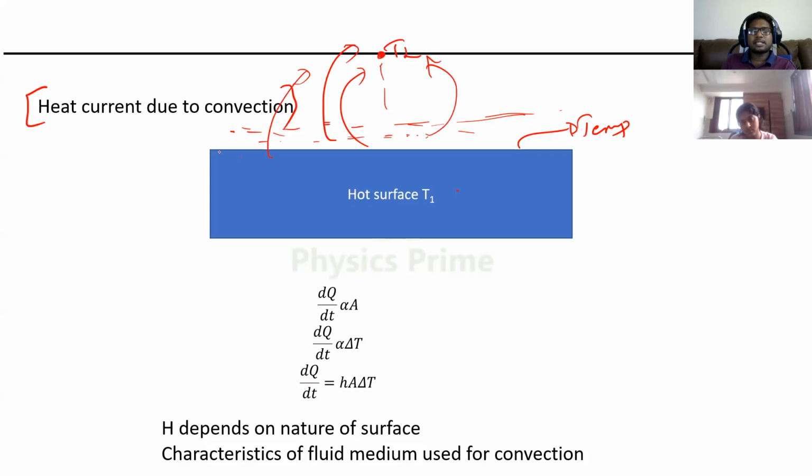The upper molecules will slowly come downwards and get heated when they are in contact with the hot surface. So the more the area of this surface, the faster the cooling will happen, and the molecule transfer will happen.